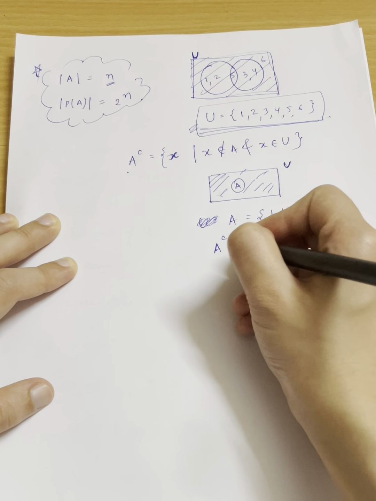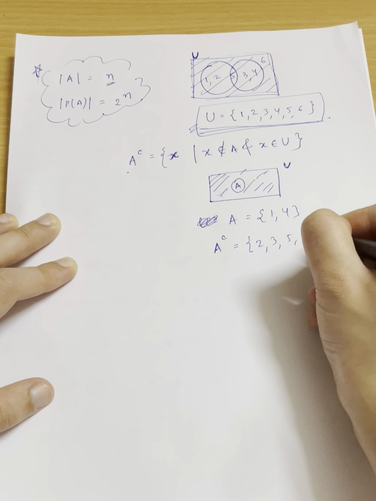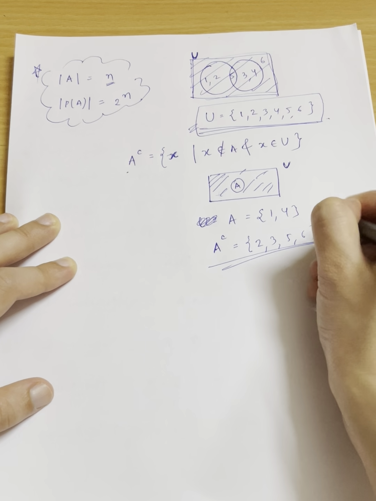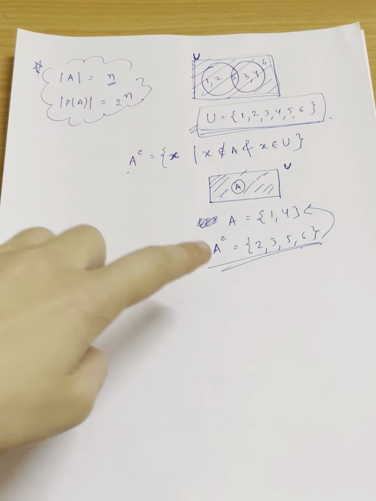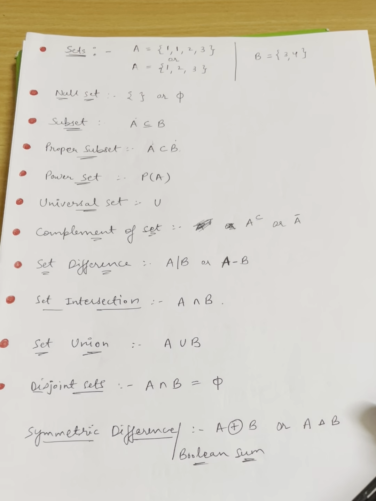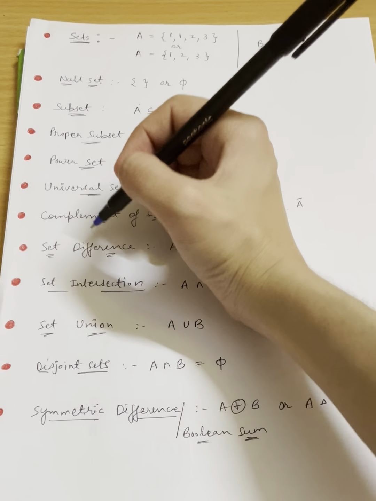So what is the complement? The complement is 2, 3, 5, 6, the remaining elements which are not present in A. So this is A bar, or the complement of a set. Hope you understand till this point.